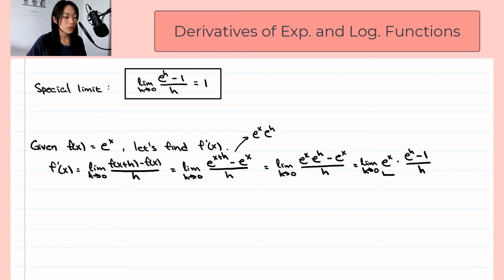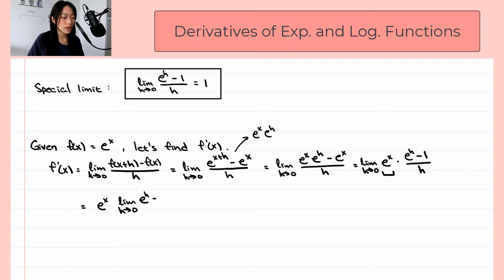And this e to the power of x is a function of x, so it's independent of h. Since here we are taking the limit as h approaches 0, e to the power of x is like a constant in this limit. So we can put the constant outside of the limit. So this equals e to the power of x times limit as h approaches 0 of e to the power of h minus 1 over h.